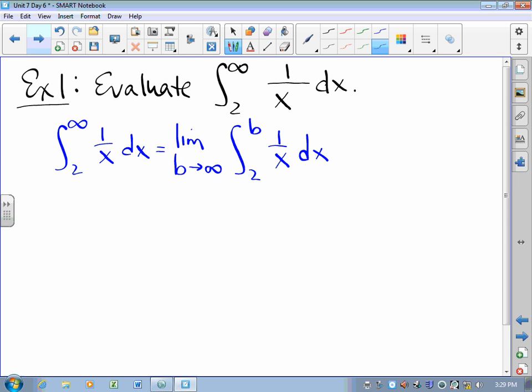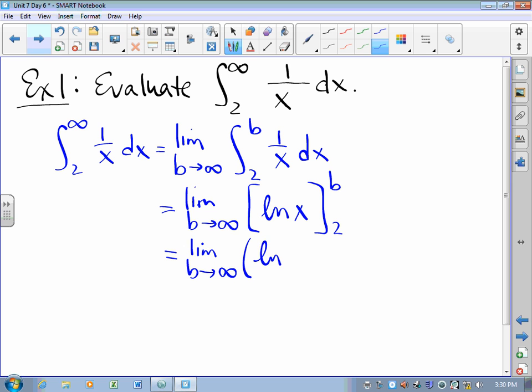I don't know how to deal with the infinite, so I set up a finite integral and let b get infinitely large. Well, I know how to do that because my calculus teacher has been pretty good. I'm going to take the antiderivative of 1 over x and evaluate between 2 and b. And I know how to do that.